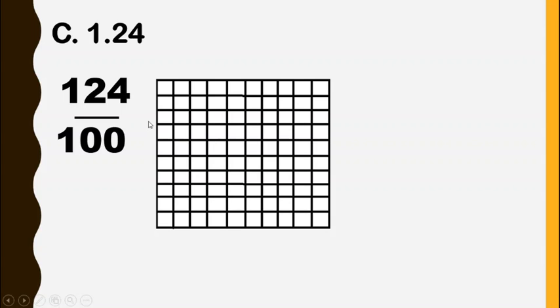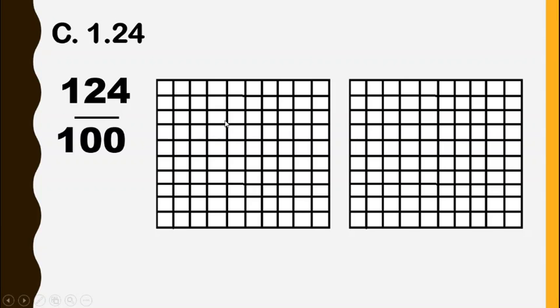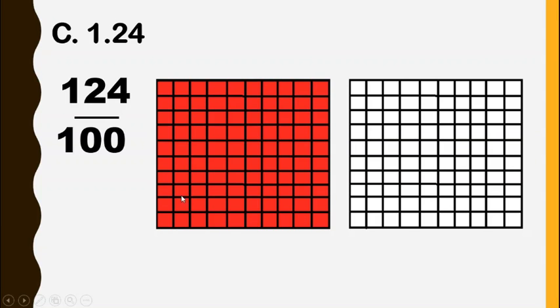We'll now shade to represent 124 in the hundreds grid. So we have 100, so we need to shade one whole grid, and we need to shade 24 in the second hundreds grid: 10, 20, 1, 2, 3, 4. So 24. This is how we shade 1.24 in the hundreds grid. Did you get the same answer? Very good.